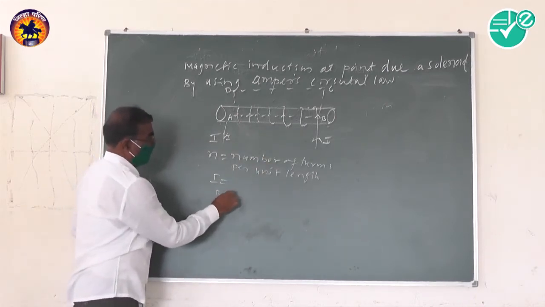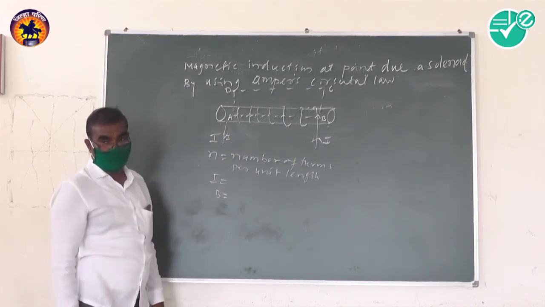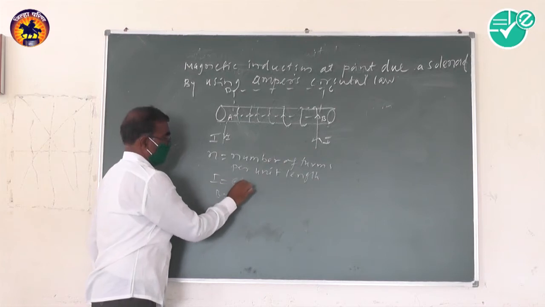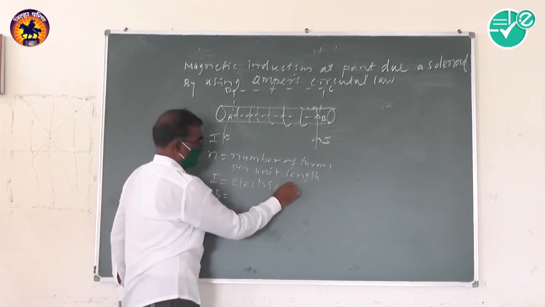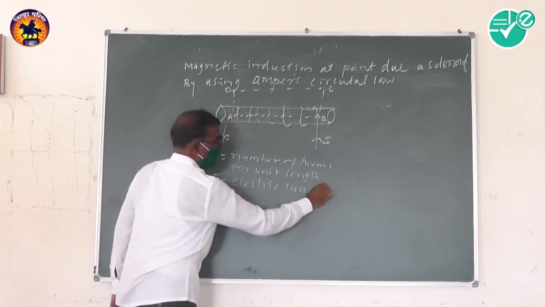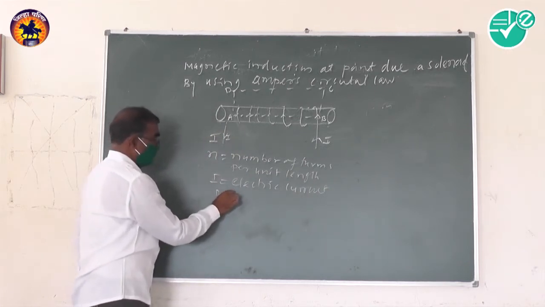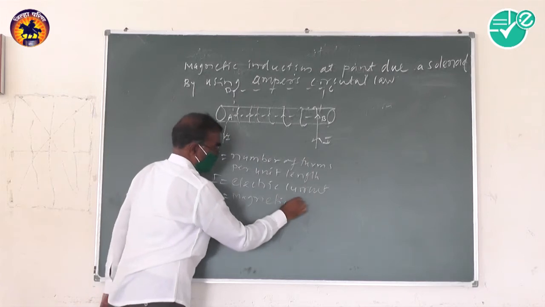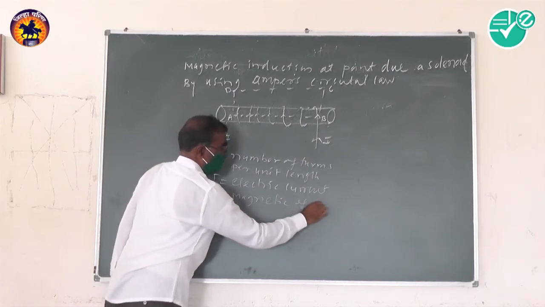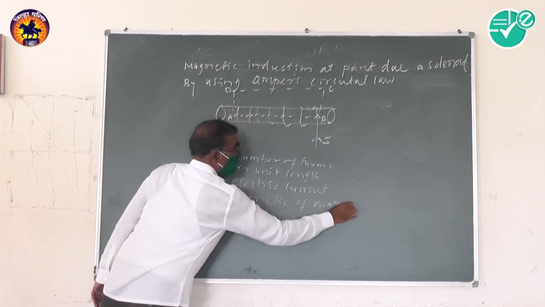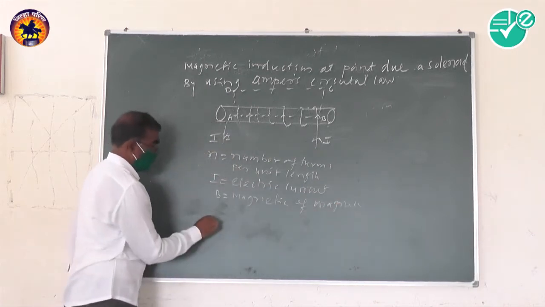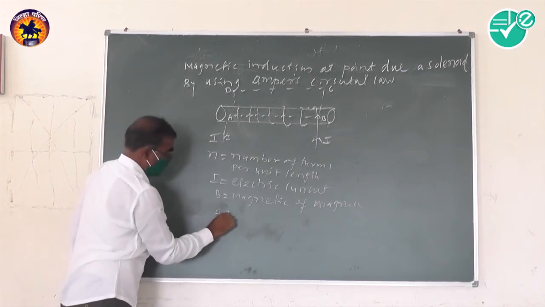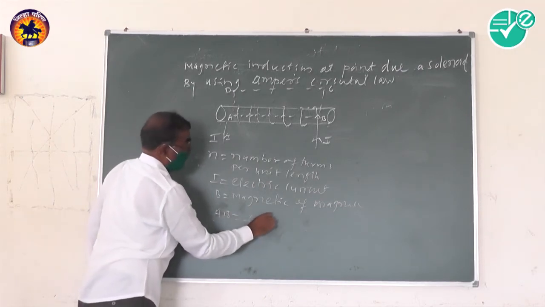B is the magnetic induction produced due to the electric current I in the solenoid, and B is the magnitude of magnetic induction. Here the length AB is equal to L.